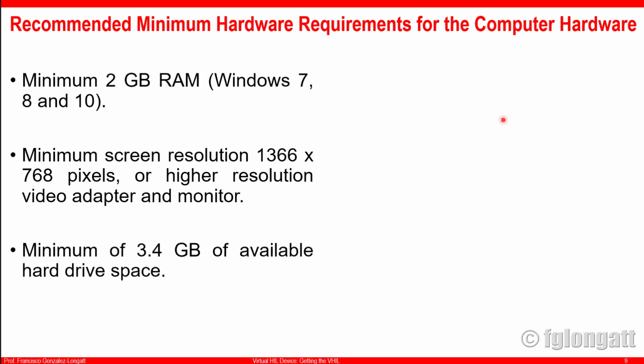There is a minimum requirement for screen resolution, but any decent computer will have it, and a higher resolution is fine. You will also need some hard drive space, 3.4 to 3.5 gigabytes, to hold the installer.